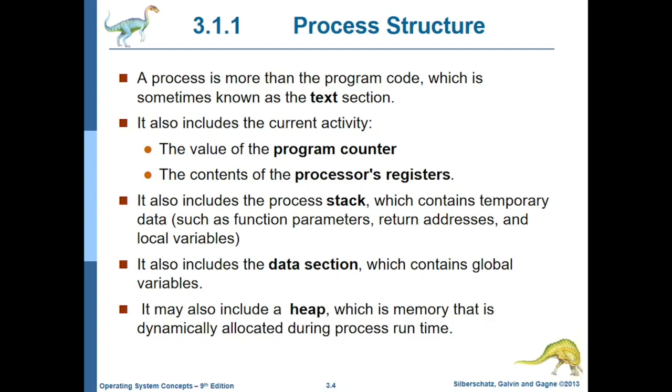The last component of the process structure that we will discuss is the heap, which is a section of memory that can be allocated and deallocated dynamically during the process runtime.